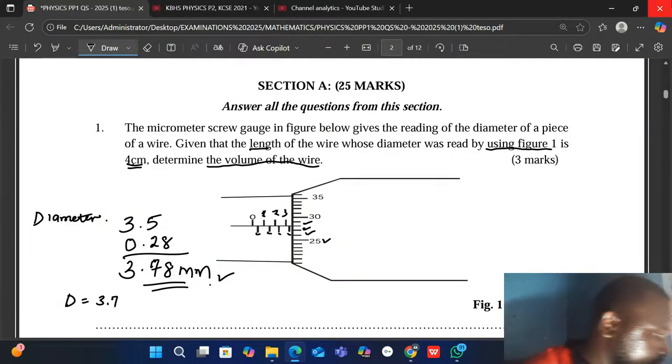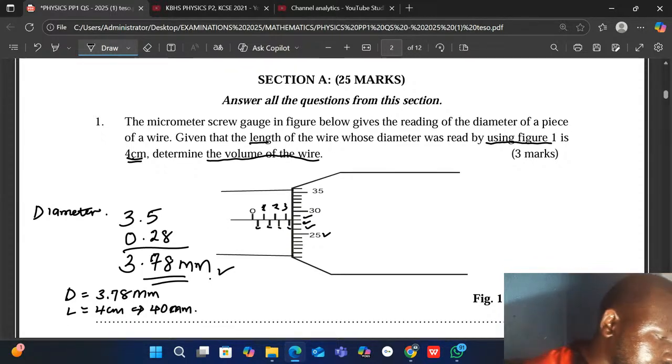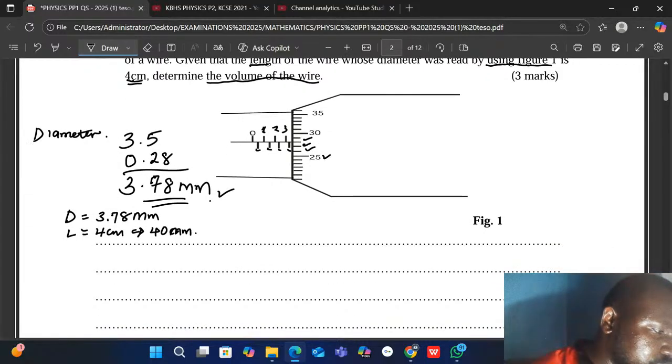With these parts, the diameter was 3.78 millimeters. Then our length is 4 centimeters, and this one is supposed to be 40 millimeters. Therefore, we want to get the volume.